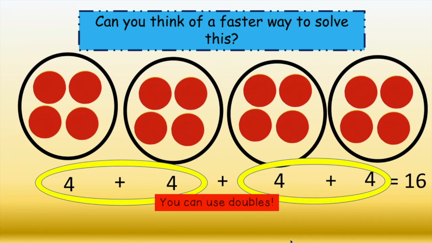So instead of writing 4 plus 4 plus 4 plus 4, you can write 8 plus 8. So all you did was combine the 2 groups of 4, and you wrote 8, and then you combined the other 2 groups of 4, and you wrote 8. So you could write 8 plus 8, which equals 16.